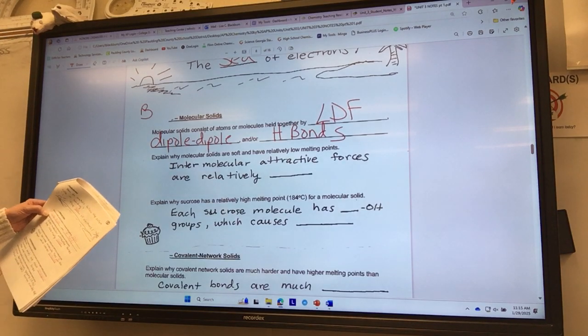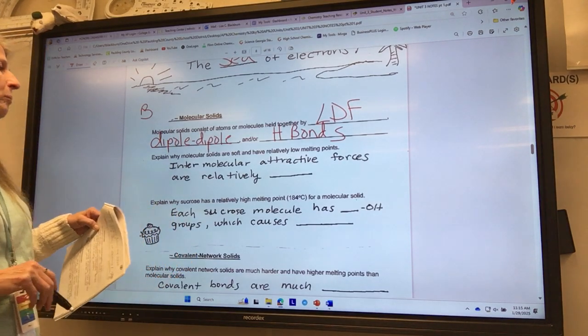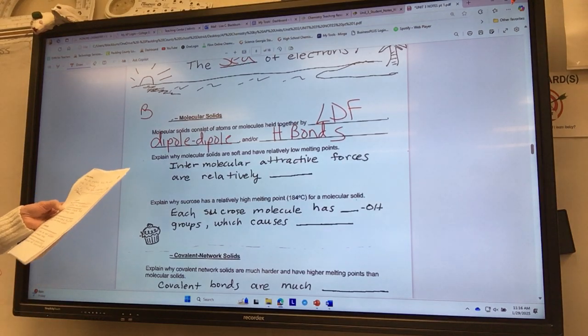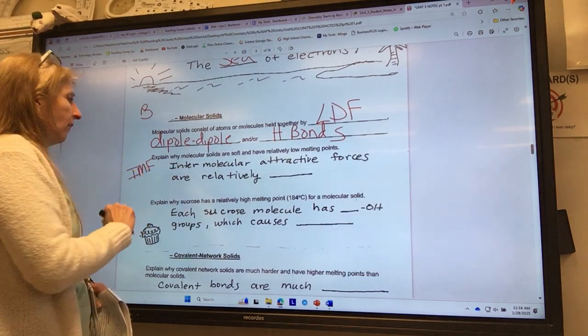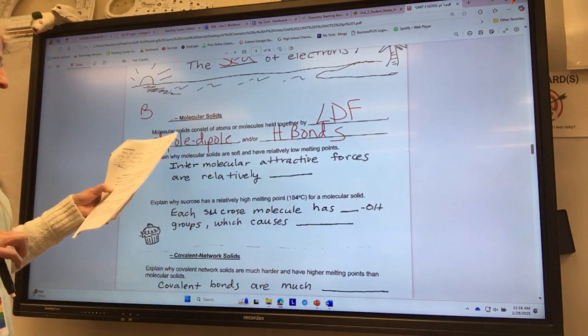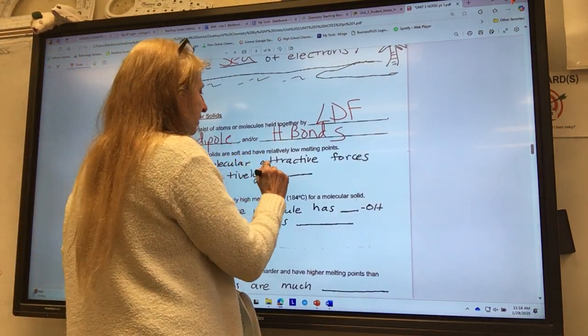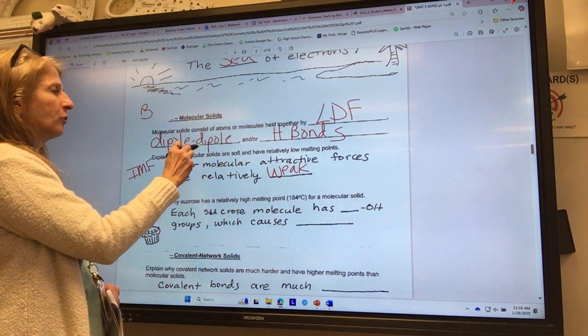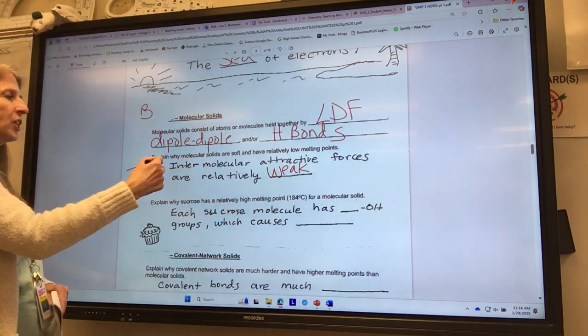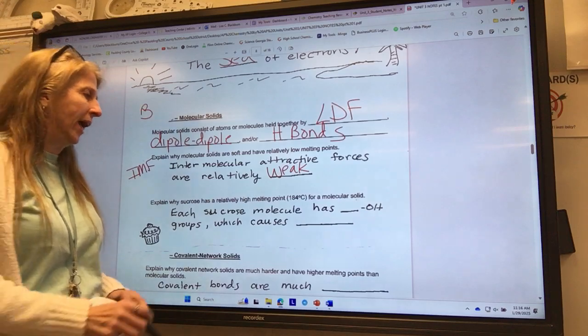Now explain why molecular solids are soft and have low melting points. The reason why is IMFs are not very strong, so they are relatively weak. Even if it's hydrogen bonds or dipole-dipoles, these are weak, so they melt easily like wax.